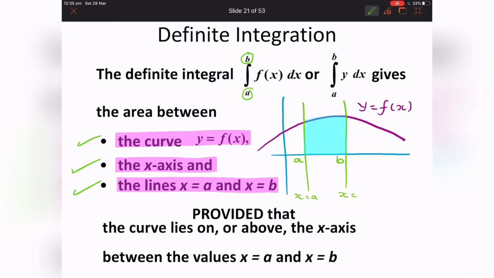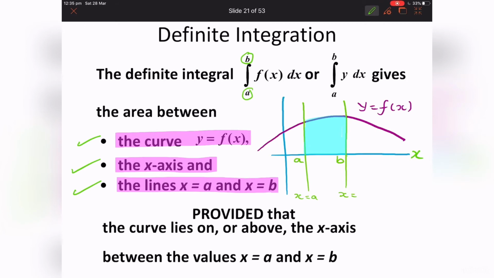As you can see on this graph, the area shaded in blue is bounded between the curve and the x-axis and these two lines where x equals a and x equals b. All right?